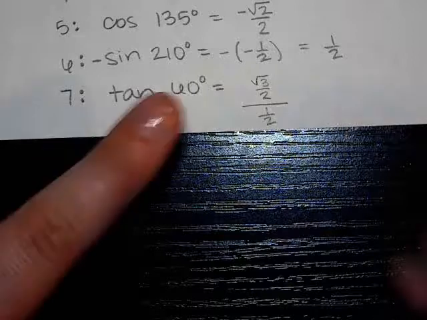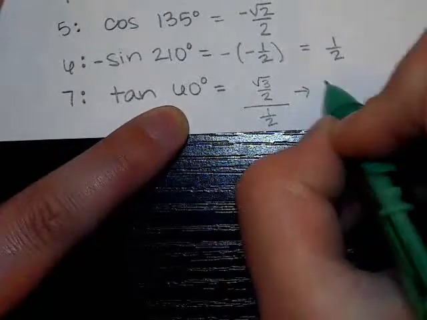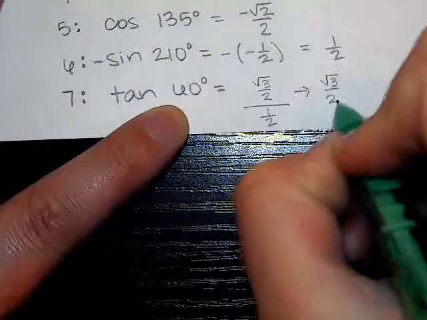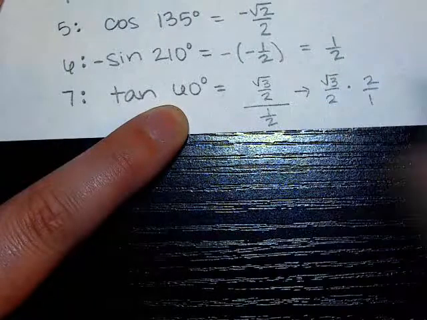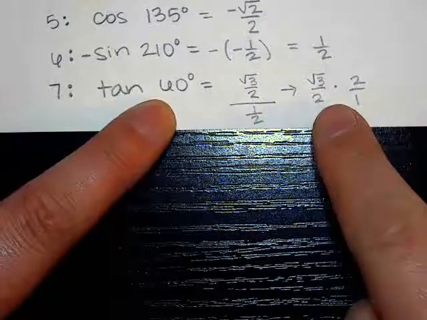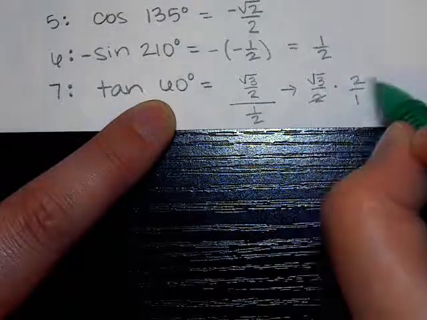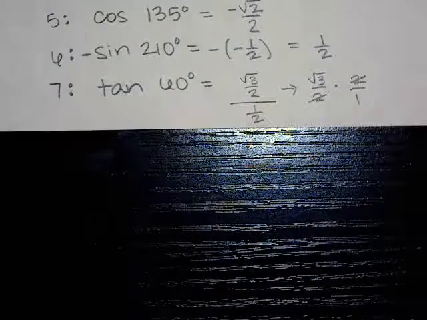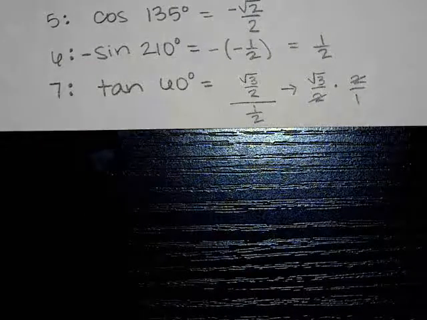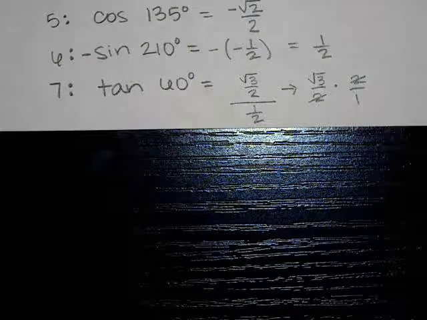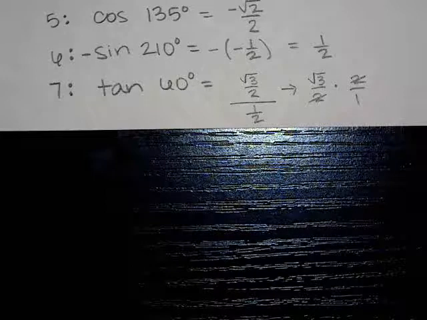What happens with the 2's? They cancel out. Now, all of the fractions have 2's on the bottom, don't they? You guys notice that? So the canceling by 2's is always going to happen, right?